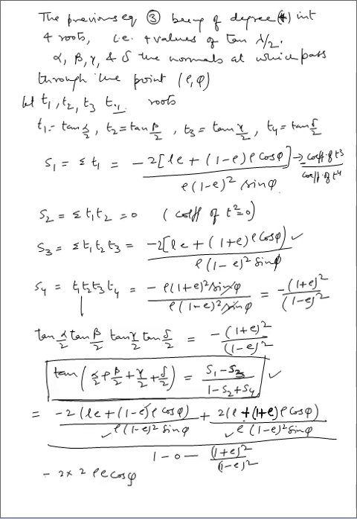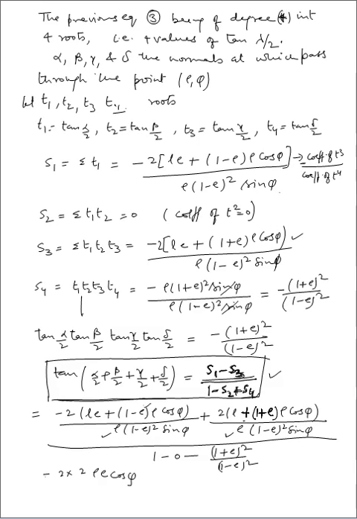When we put the values, this is S1 minus S3 upon 1 minus S2 plus S4. We put the values, it comes minus 2 L E plus 1 minus E rho cos phi upon rho 1 minus E square sine phi plus 2 L E plus 1 plus E rho cos phi upon rho 1 minus E whole square sine phi, and this.